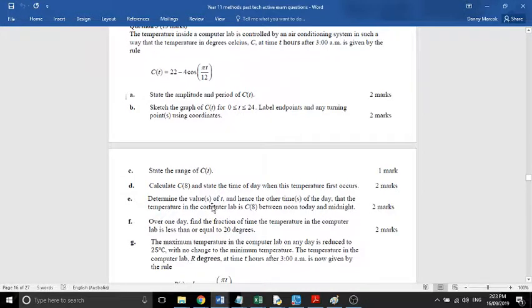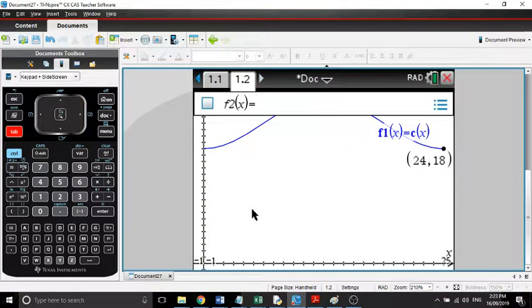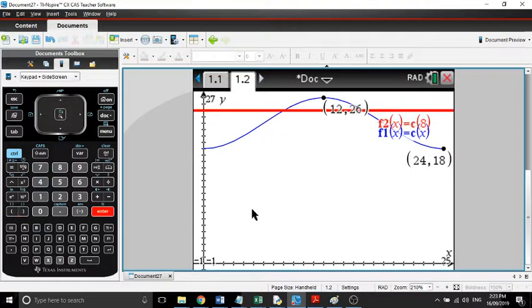Next, determine the value of T and hence the other time of day where the temperature is C of 8, between noon today and midnight. Okay, when else is it? Let's go to the graph, and plot C of 8.